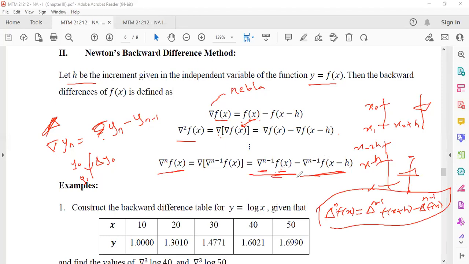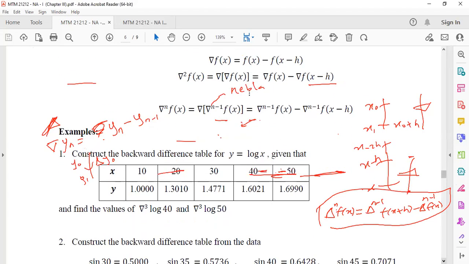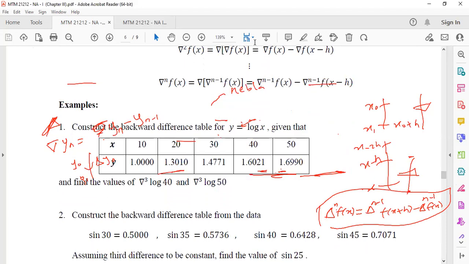So let's do some exercises. Okay, I'll do one question. I think it's your homework questions number 3 and 4. Okay, so the third question says, construct the backward difference table.